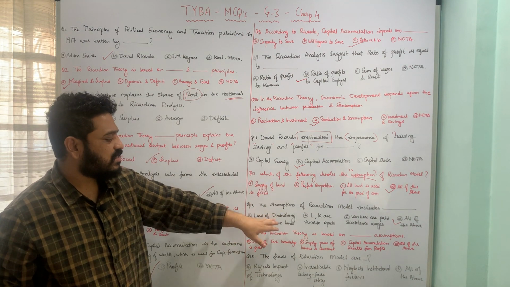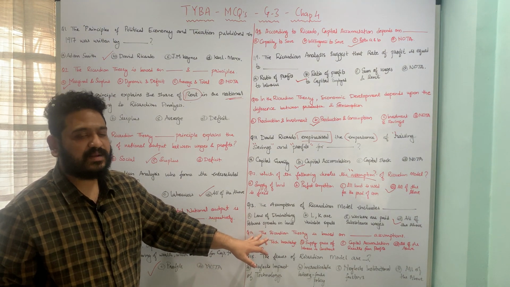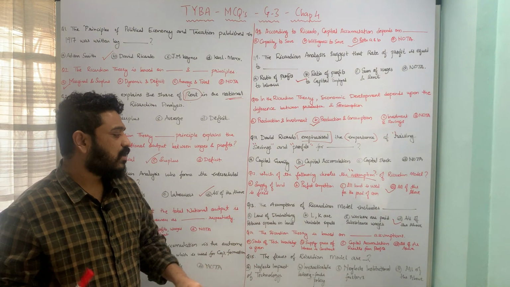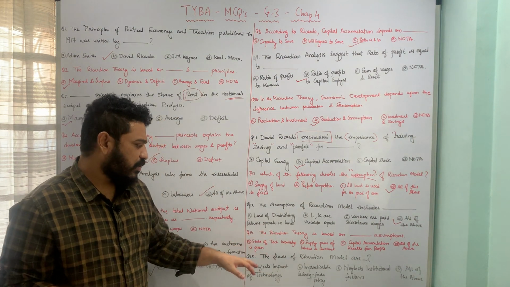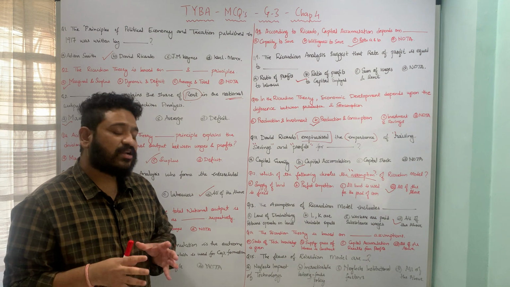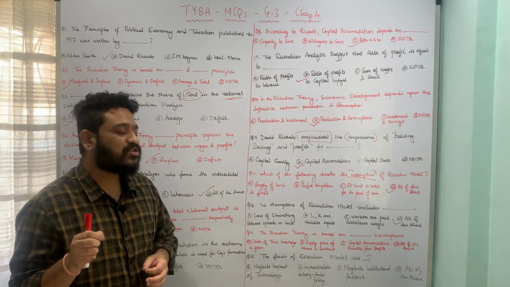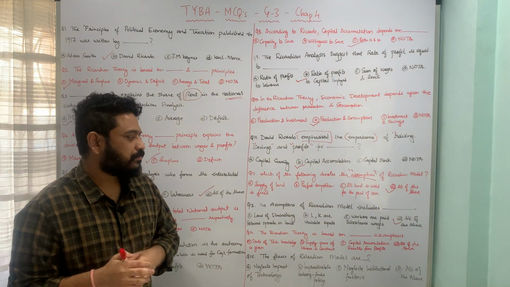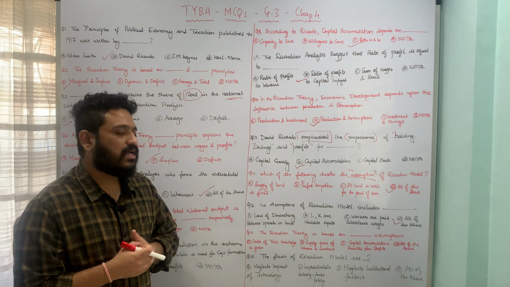So we have 6 assumptions here. The next question is again looking at some of the assumptions of the Ricardian model, and the question is framed in this fashion. The Ricardian theory is based on dash assumptions. Let us look at the underlying options. The first is state of technological knowledge is given. The supply price of labor is constant. C is capital accumulation results from profits, and D, all of the above.